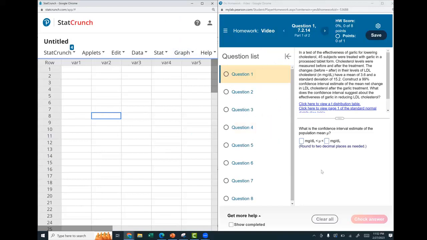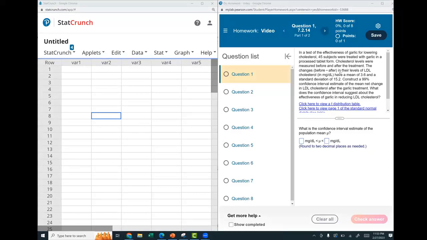So now we have some new information. In a test of the effectiveness of garlic for lowering cholesterol, 45 subjects were treated with garlic in a processed tablet form. Cholesterol levels were measured before and after the treatment. So let's highlight the things that are important.